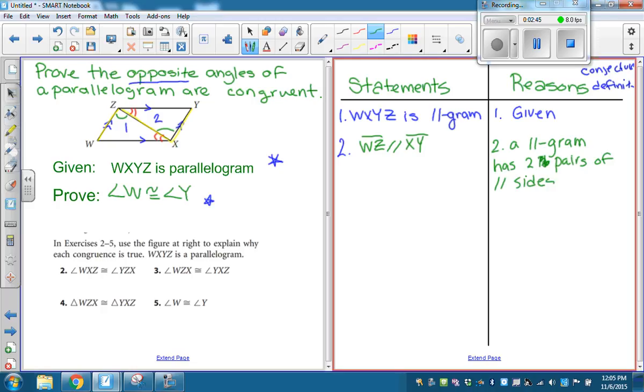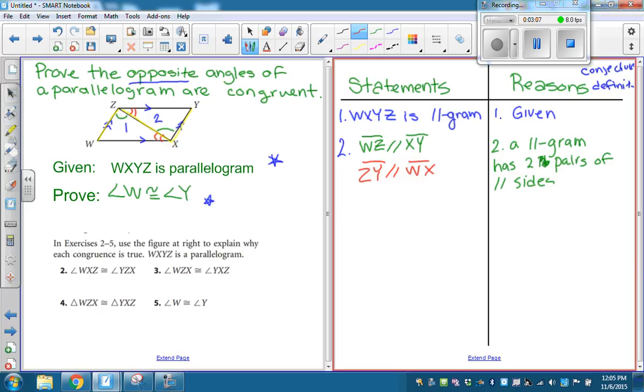I can also say, and I'm going to use color here, ZY is parallel to what? It's not that hard of a question. WX. Okay? For the same reason. So I'm going to put it in the same step. Does that make sense?